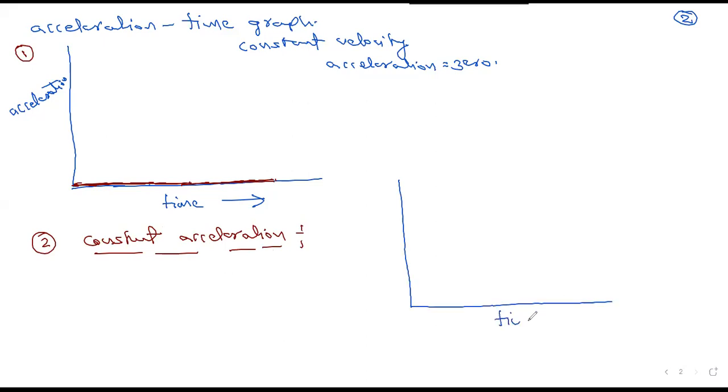X-axis is the time, y-axis is the acceleration. In this situation, the constant is non-zero, but it is fixed. You can see that this line is parallel to the time axis, so the slope is 0.